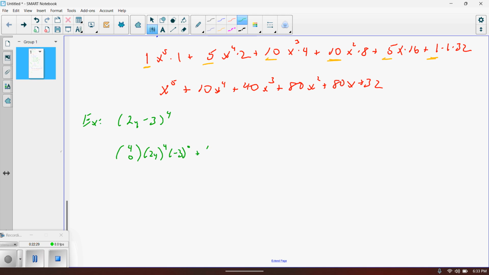Then it would be 4 things taken 1 at a time: the entire 2y gets raised to the 3rd power, and then negative 3 to the 1st. 4 things taken 2 at a time: (2y) squared, negative 3 squared. 4 things taken 3 at a time: 2y to the 1st, negative 3 cubed.